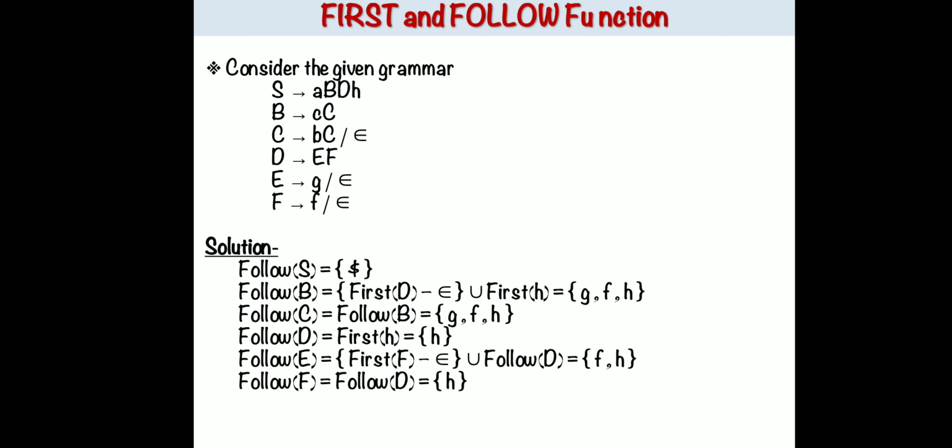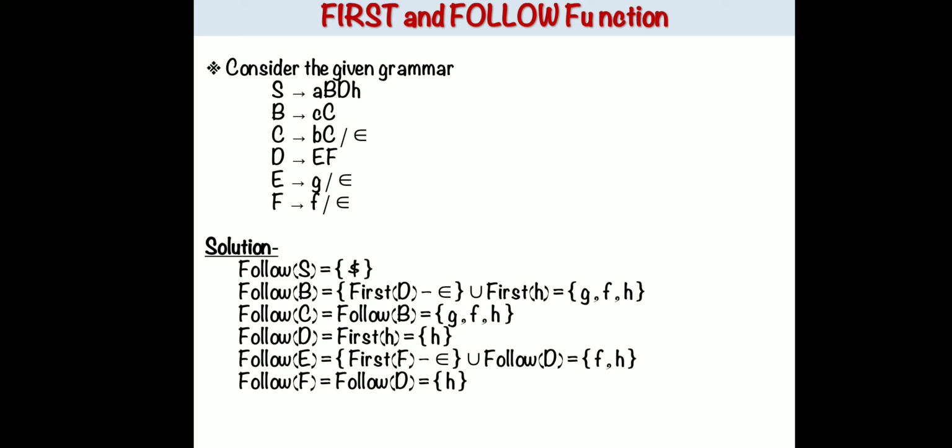Because in the case of follow of B there is a terminal H after it, so we wrote first of H, but in the case of E there is nothing after F. So we wrote follow of D. That's why first of F minus null union follow of D. So what did we get? We get F comma H. I hope you have understood.